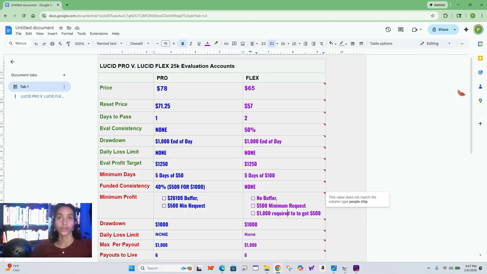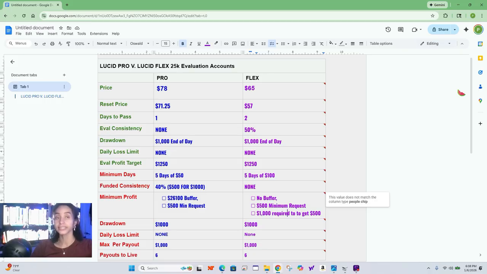And let's just say if you have 5, you take 6 off of the first, then that first account will go to live. Now, once you transition to live in one account, then you're not able to purchase any more accounts, any more evaluations or sim funded accounts.